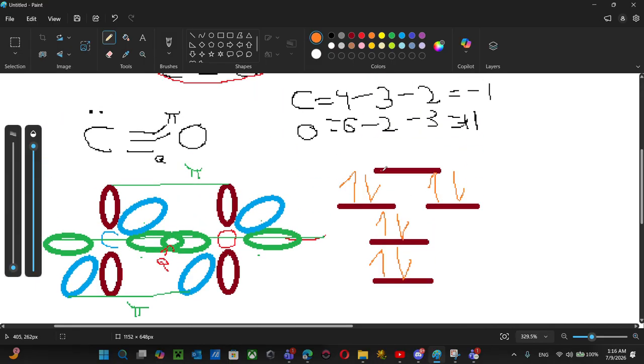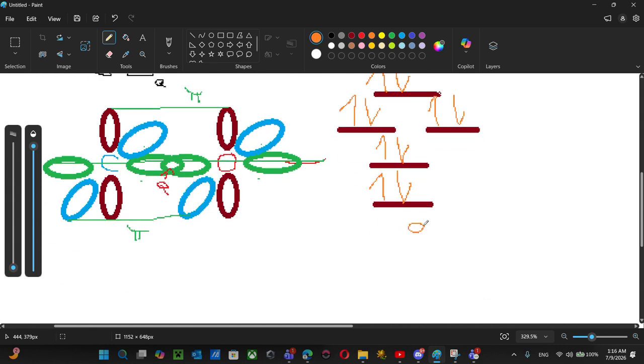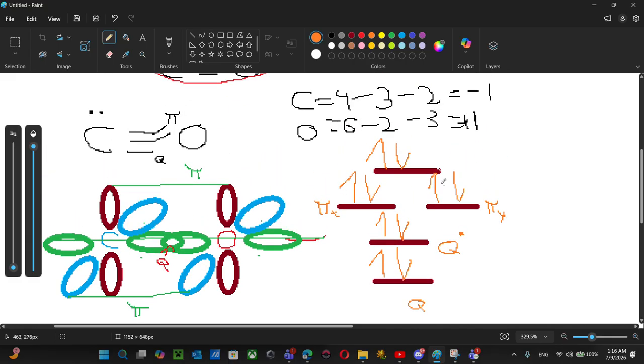We need 10, so we go up and then down. So this will be sigma star, pi x, pi y, if I remember correctly.